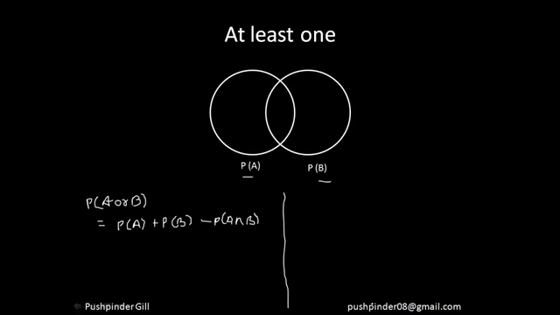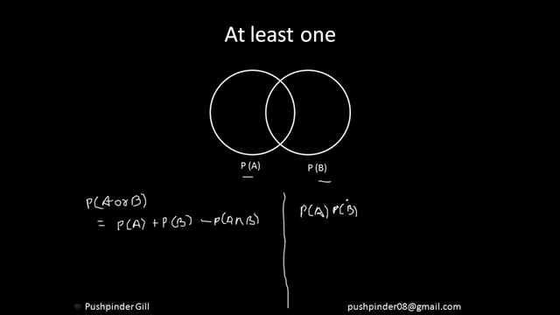Fine. Or if you want to calculate at least one, right? So if you look at the sample space over here, guys, you need at least one of the events happening, right? So you can say that either A happens and B does not happen.